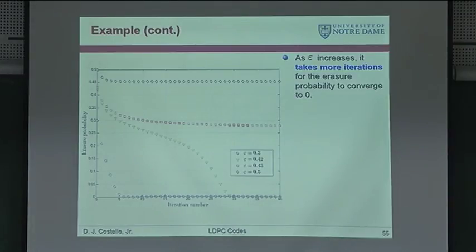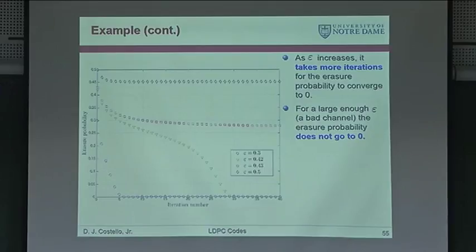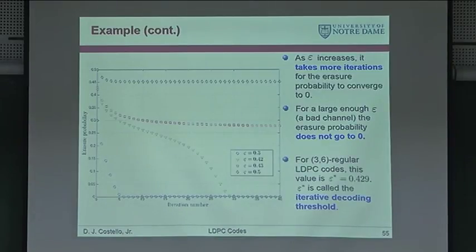It looks like then that for large enough epsilon, the erasure probability doesn't go to 0, for example, 0.43. And it turns out if you really fine-tune it, you can calculate the threshold as 0.429.